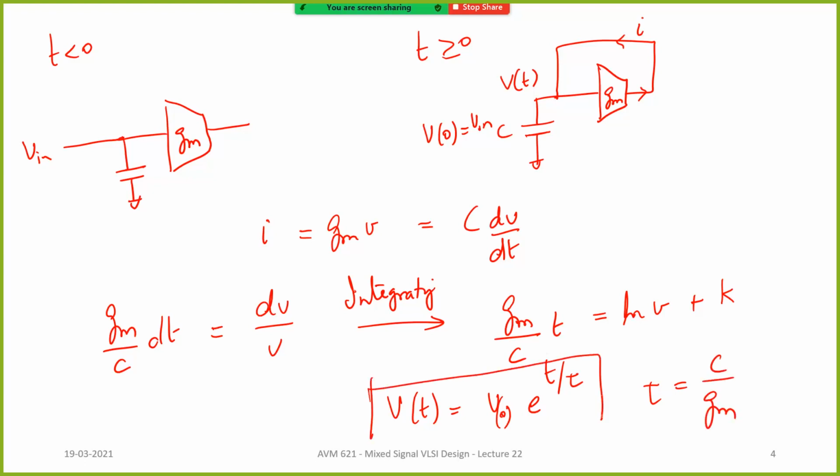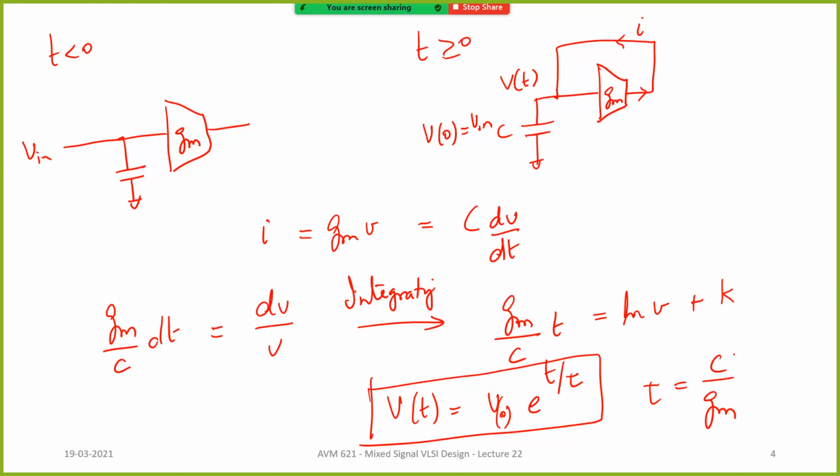Now, if you look at this expression, this can be written as ln of V by V naught, and then you will get this expression. So now this is not e power minus t by tau.